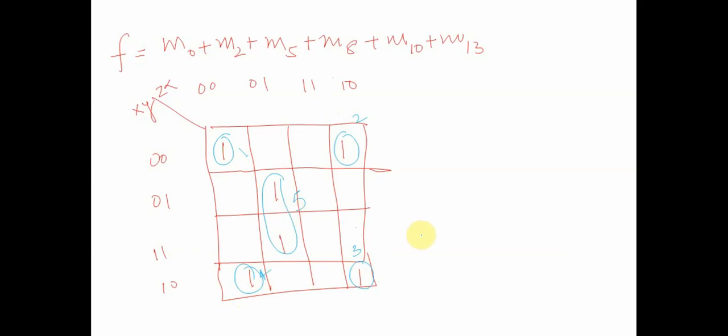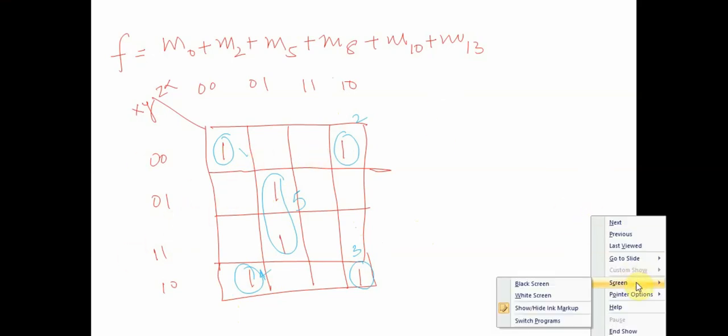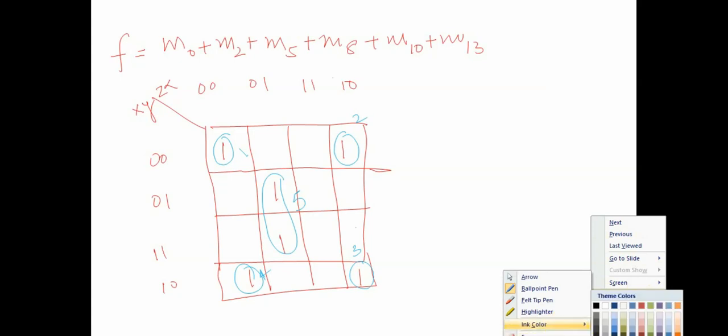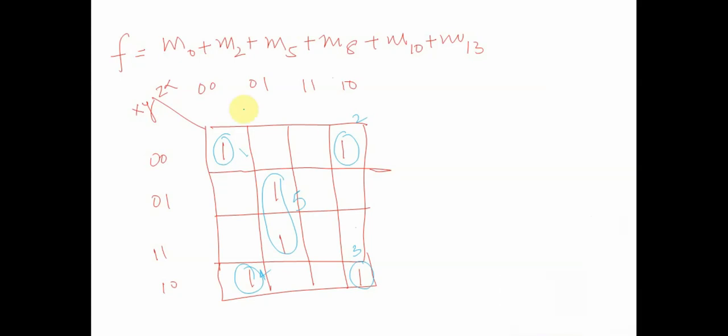However, is there a set of minimization possible over here? If we try to wrap this particular thing around, let me show you via pointer. If I say let's wrap, will this form one group? Yes, this will form one group, because in this particular group your alpha remains constant, as well as your y remains constant, correct?